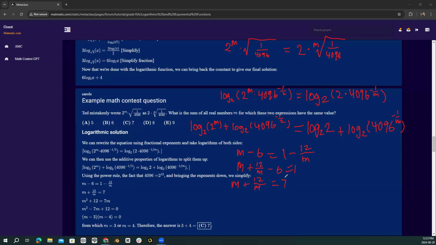So now that we've isolated the variables and the constants to each of their respective sides, our next step is to get rid of this denominator m. The way we can do that is multiplying by m again.